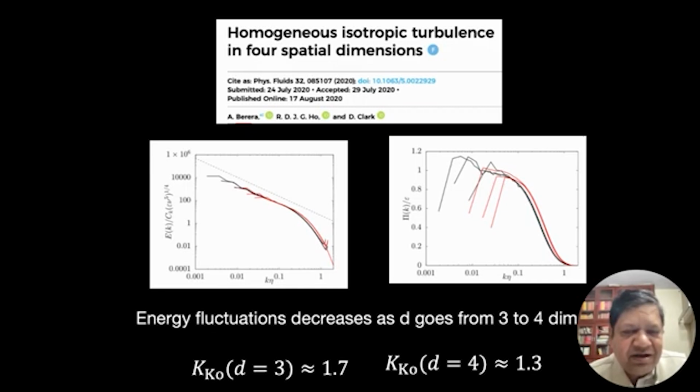They show that the Kolmogorov constant is 1.3 in 4D and 1.7 in 3D. Fluxes are also roughly equal. This is consistent with what I showed, that D equal to 3, 4, or 5, things are not changing significantly. But D equal to 2 is different.